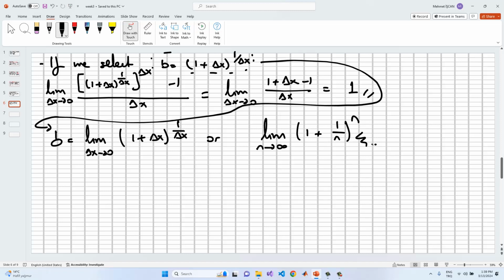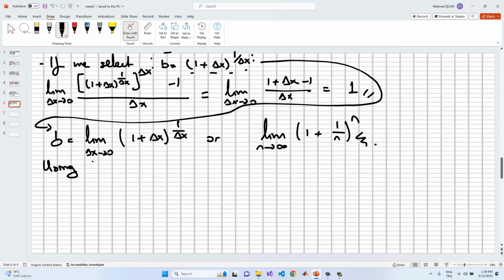Because we are going to 0, or going to infinity, this delta x can be written as 1 divided by n, and 1 divided by delta x is written as n.